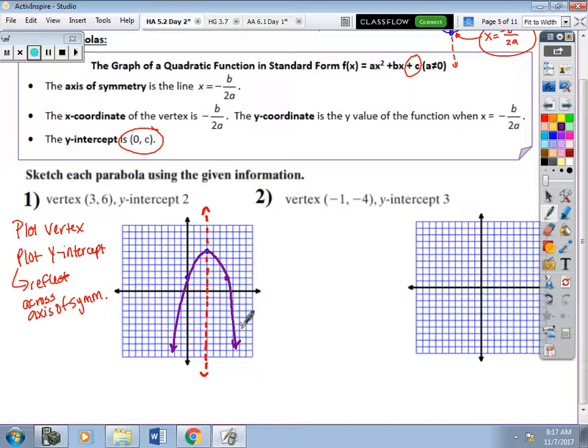See if you guys can try the next one on your own. Plot the vertex, the y-intercept, and sketch the graph. Again, sketch means it's not going to be perfect, but give us a little bit of an idea.